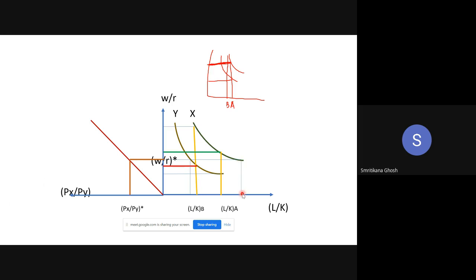So demand for L by K of commodity X as a whole is to the extreme right, and demand for L by K for commodity Y is to the extreme left. Okay, so within this range you have the labor-capital availability of both the countries. That is why there is full employment. Otherwise, there will be either excess demand or excess supply of some of the inputs.